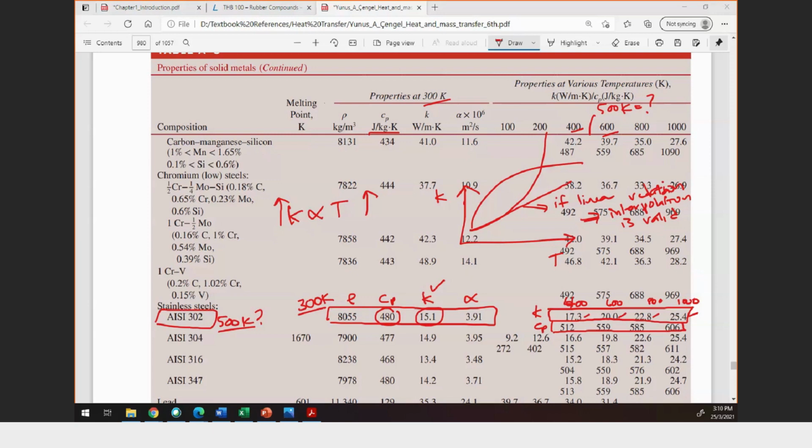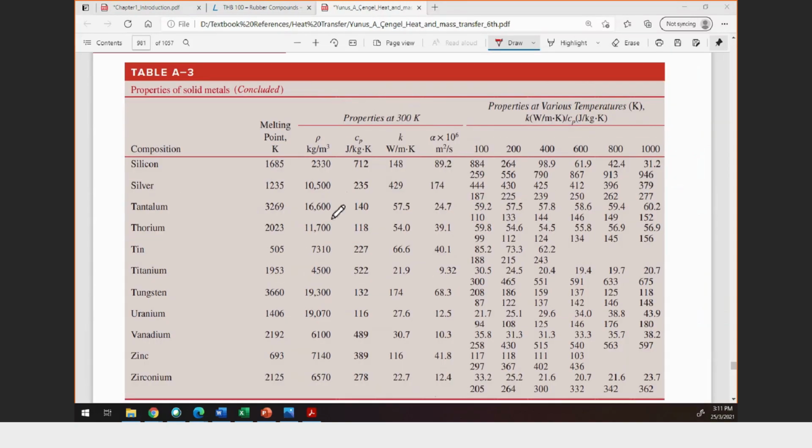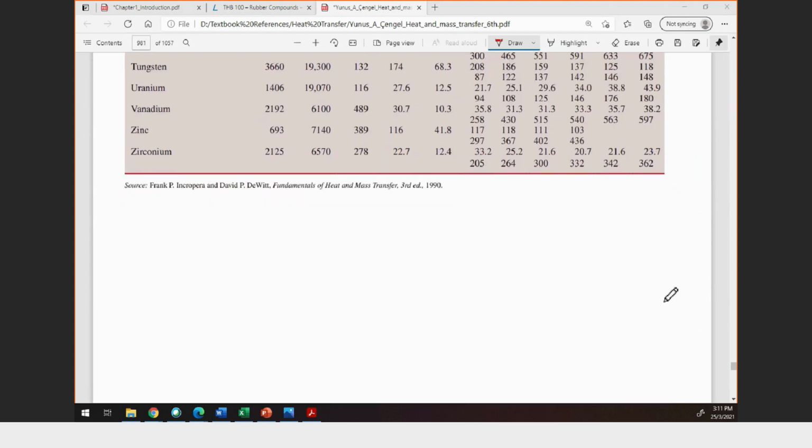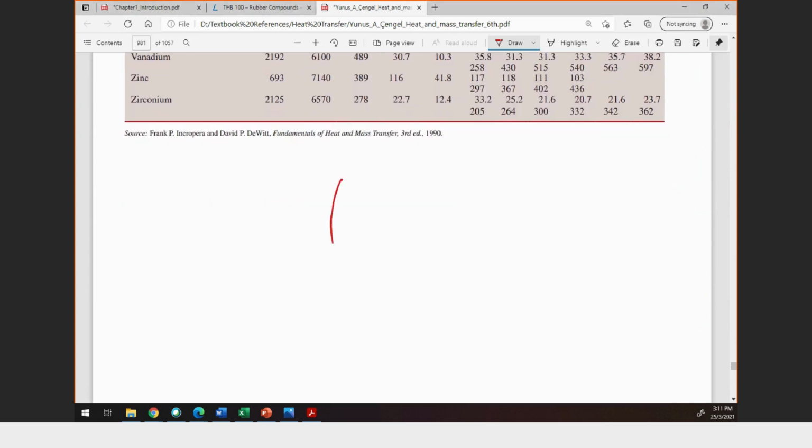But if there is a significant difference in temperature, for example if the inside temperature is 20 and the outside temperature is lower or higher, then of course there is an effect. Let's say this is the wall, this is the inside, this is the outside.